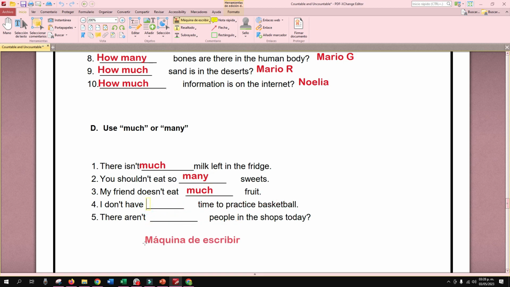Number 4, I don't have time to practice basketball. Much time or many time? What do you think about time? Do you think it is countable or uncountable? I don't have much time or many time.